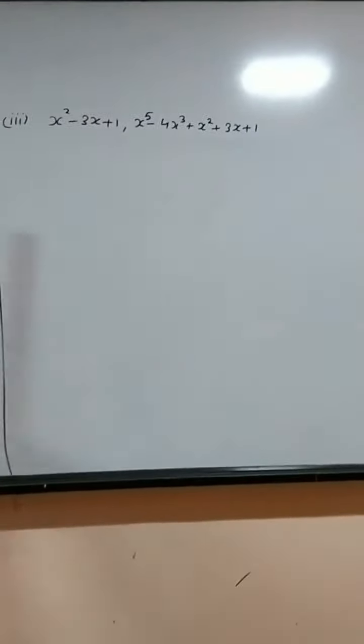Now what is gx? X cube minus 3x square plus 3x minus 2 whole upon x minus 2 is equal to gx. So in this way you can find gx. If you divide this by this, you will get gx. So divide this by this here.